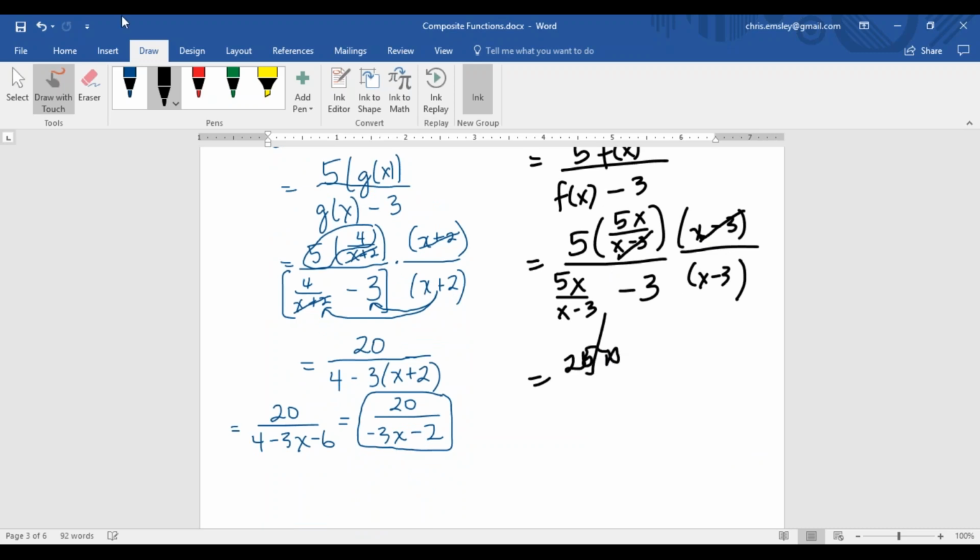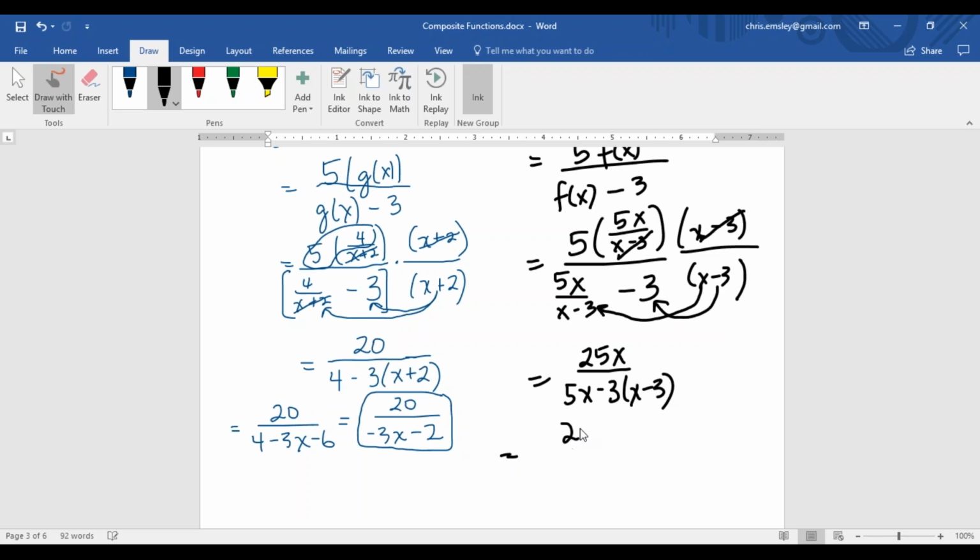25x. Sorry about that stray mark in there. Let's see if I can erase that. We'll just start that again. So we get 25x on top. On the bottom, again, distribute it. It cancels with the first term, and we just get a 5x. And then with our second term, we get that minus 3 times x minus 3.